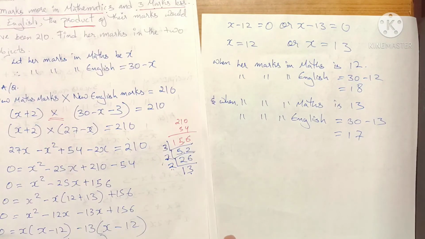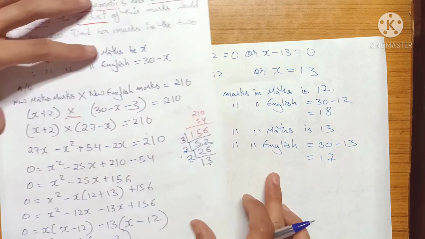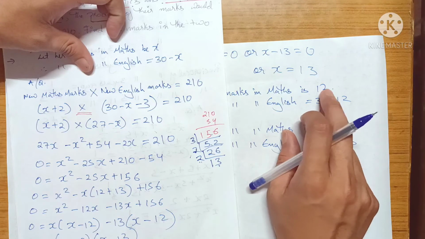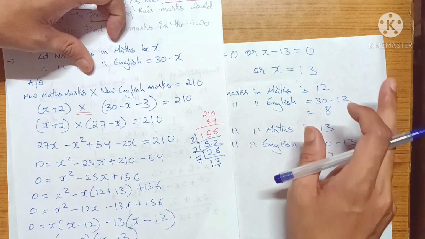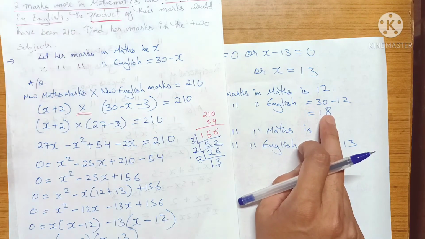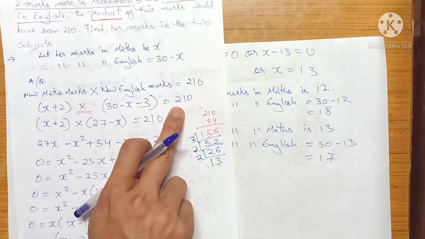Why? Because if you add 2 to 12, you get 14, and 18 minus 3 is 15. So 14 into 15 you will get 210.